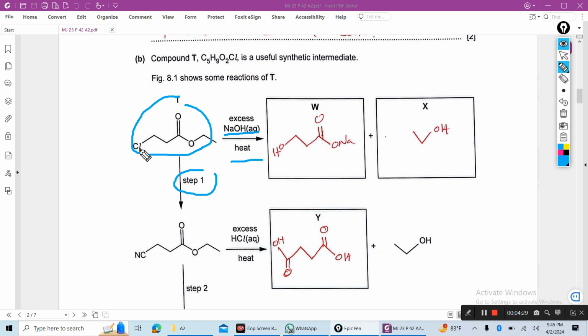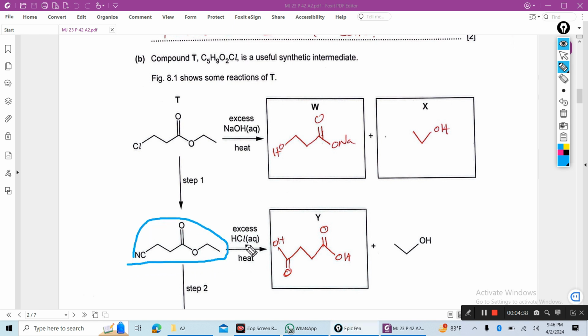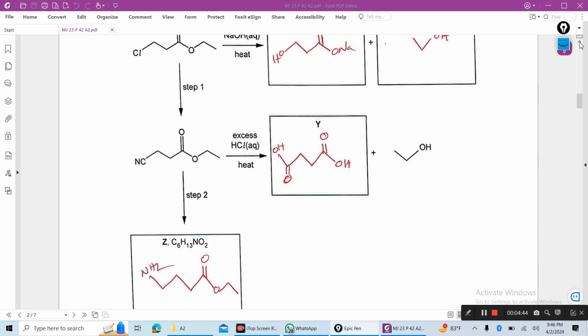Then Cl is converted to CN, a cyanide compound, and this compound reacts with excess hydrochloric acid and heat in step 2. The CN group is converted to CH2NH2.